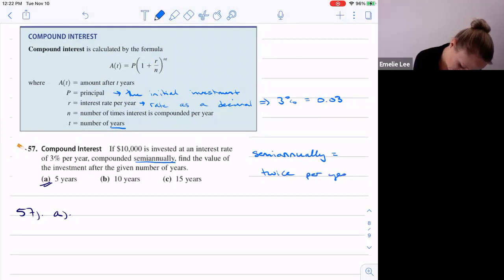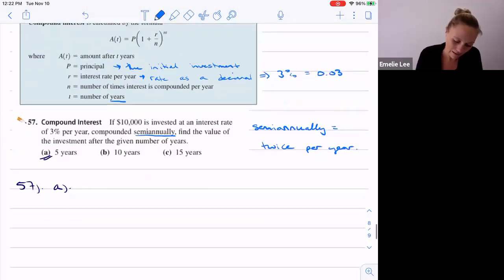Twice per year. Okay, so filling in this equation, find the value of the investment after the given number of years. What I'm finding is the amount after t years, where t is 5 initially, and we'll just do 5, and then you'll be able to see 10 and 50.